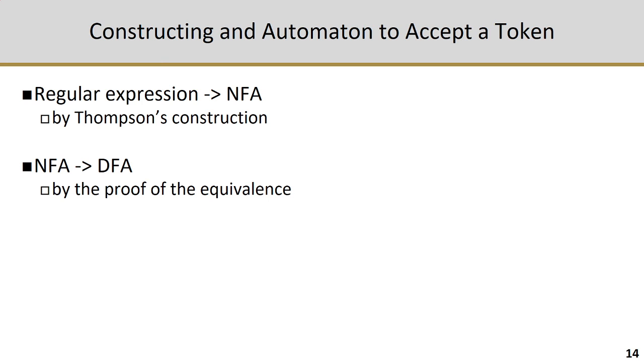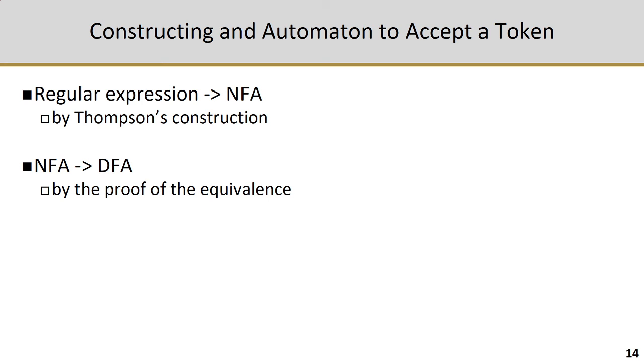Then this non-deterministic finite automaton is converted to a deterministic one by the proof of the equivalence. As a result, we have a deterministic finite automaton, which is easy to implement, since for each potential input symbol we have a well-defined next state, and finally we do nothing else but check whether the actual state is included in the set of final states.